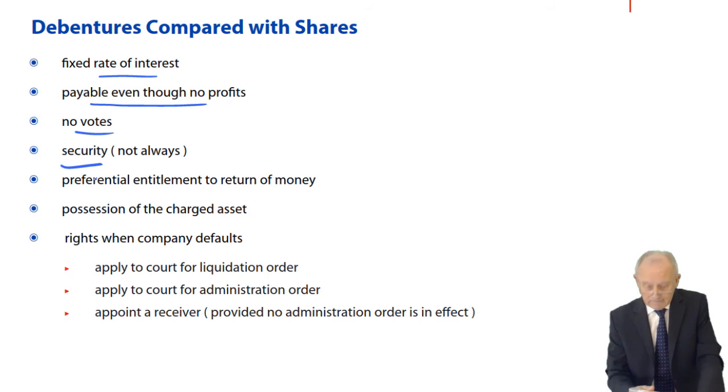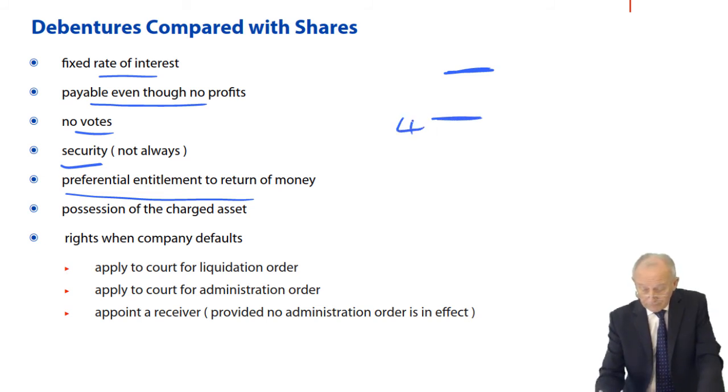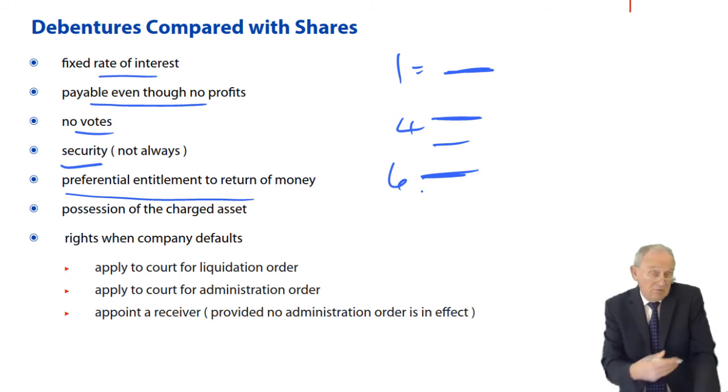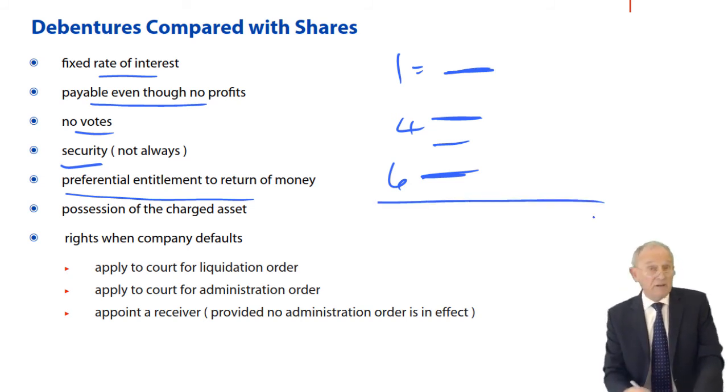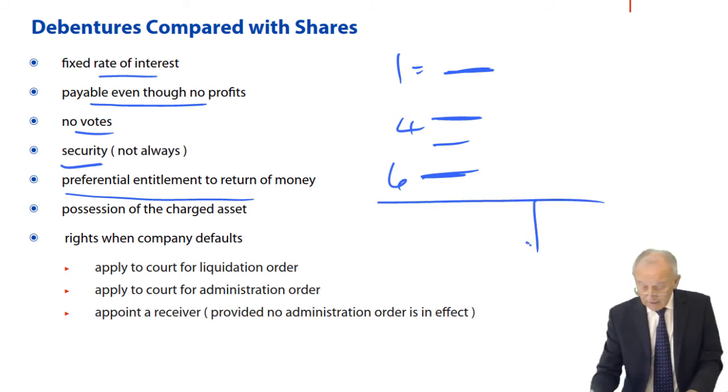I did get paid. Preferential entitlement, fixed charge ranks right up there, number 1. At number 3 and number 4 are the floating charge debenture holders. Then comes number 5, and then number 6 are the unsecured debentures. Me, when I got taken over, when the company in which I was a member. And then here are the shareholders.